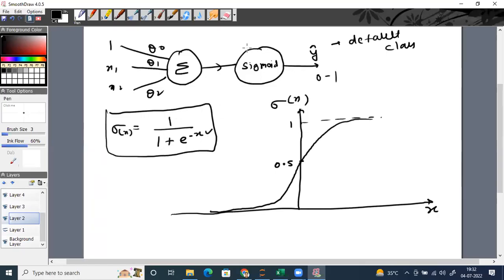So with the help of sigmoid, the continuous output that we were receiving from y intermediate, we have converted to between 0 and 1, and this 0 to 1 represents the probability of the default class.